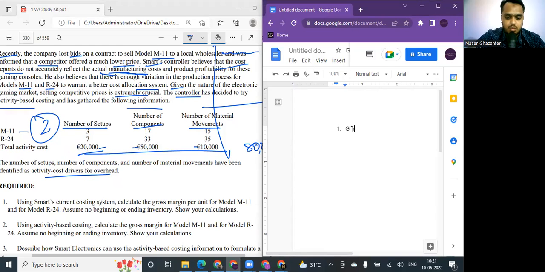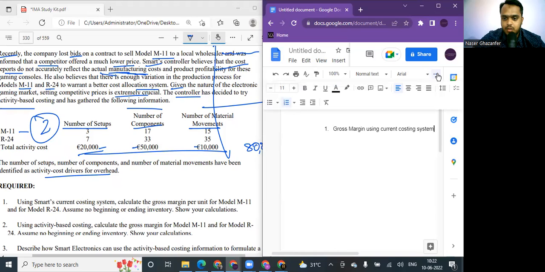I'll write down gross margin using current costing system. And I'll increase the text size.